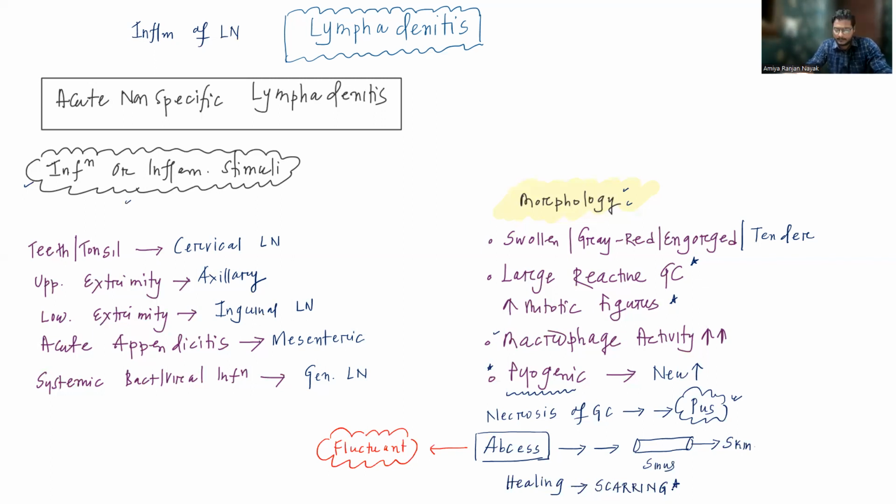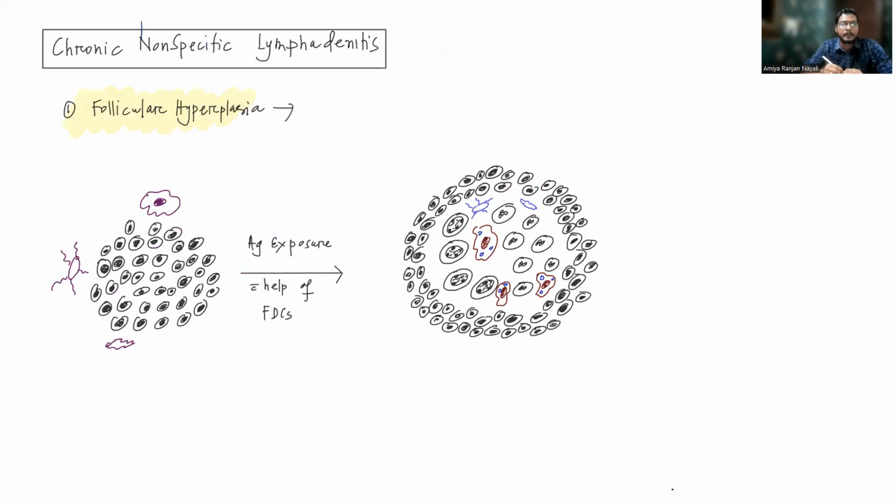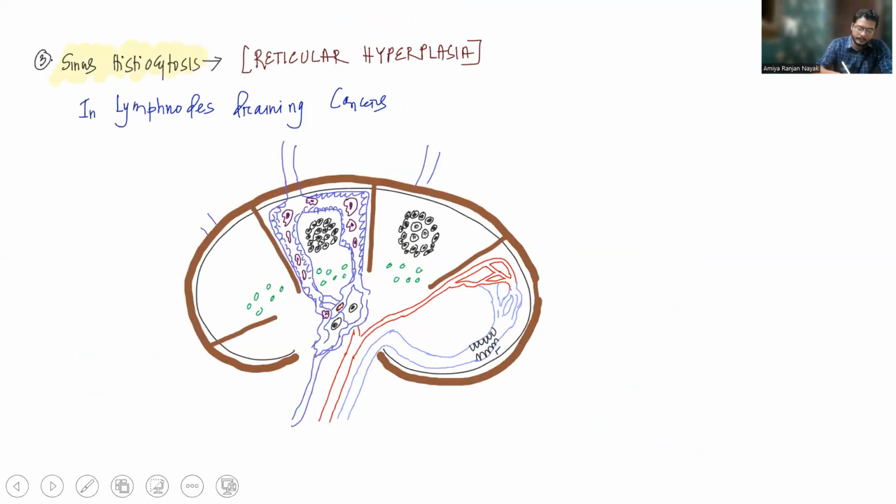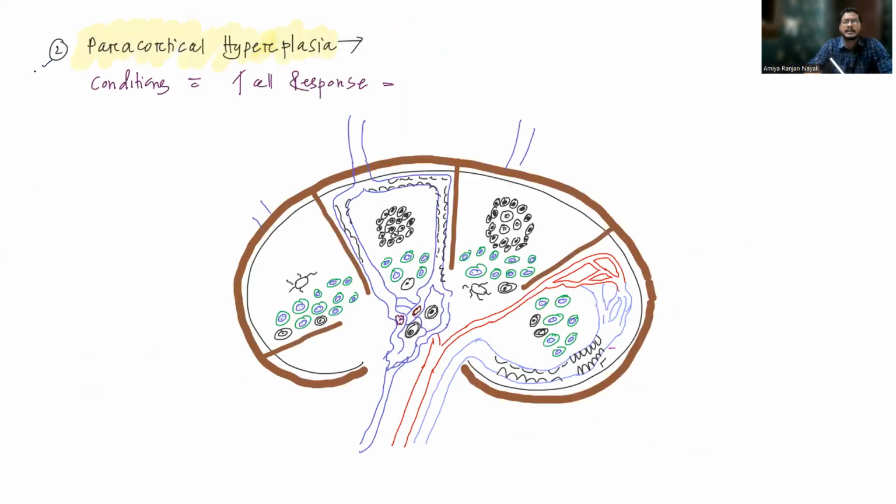It's a very simple thing. Now we'll discuss more important conditions, that is, chronic non-specific lymphadenitis. Under this heading, we are going to discuss follicular hyperplasia, then paracortical hyperplasia, then sinus histiocytosis. All these things are very easy to understand once you understand the normal lymph node structure.